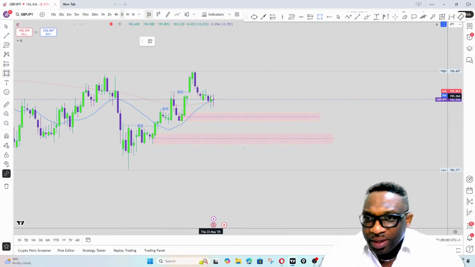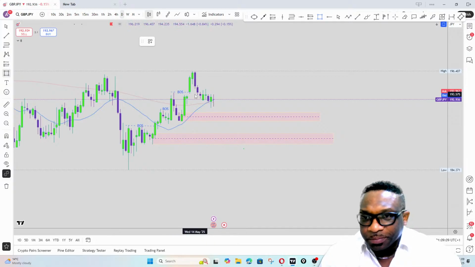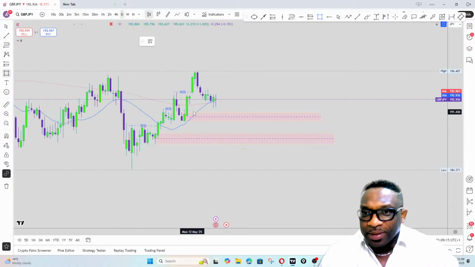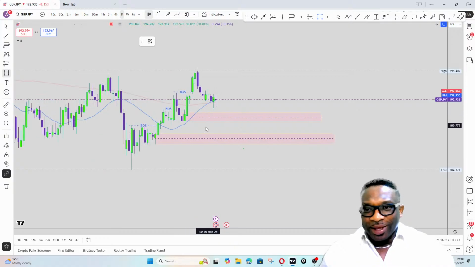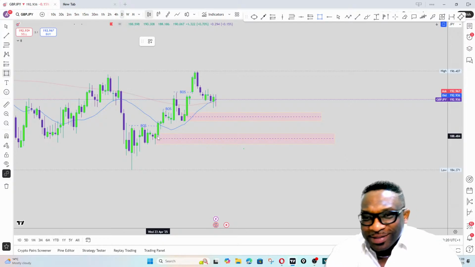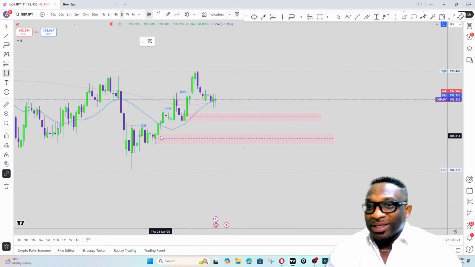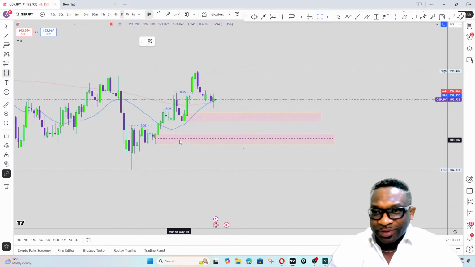Over here, this is currently where price is at on the daily. We had a breakup structure here, and with the breakup structure we can also see some imbalance here. What I mean by imbalance is, these are some institutional reference points that we trade with.